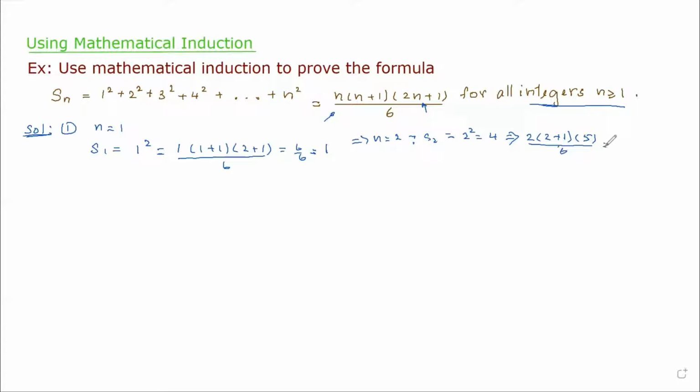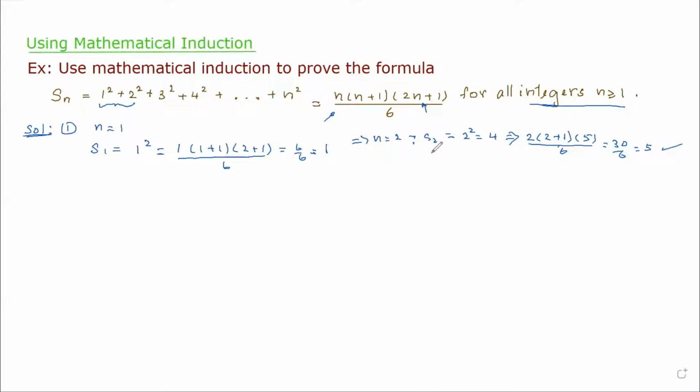So this becomes 3 times 2 becomes 6, 6 times 5 becomes 30 over 6. So we have 5. You can check: S2 means you sum the first 2 terms, 1 plus 4 equal to 5. Yeah, that's correct.